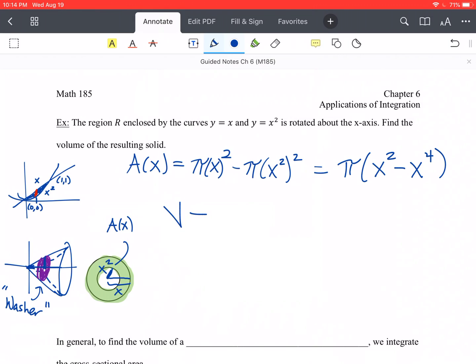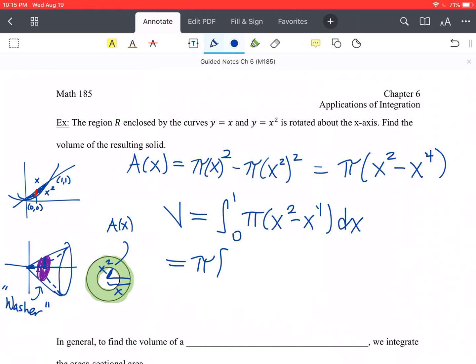So to find the volume of this solid, we can go ahead and take the integral from 0 to 1, right? That's where their intersection goes, of pi times (x squared minus x to the fourth) dx.